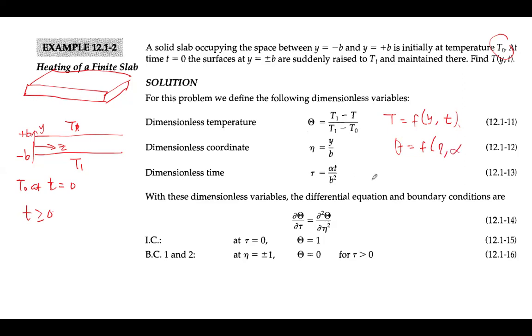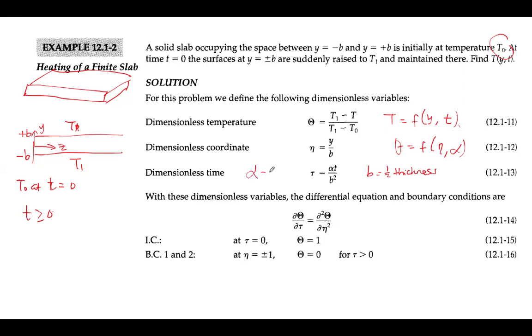Tau is defined as alpha multiplied by the time divided by b squared. What is b? B is this one. It's the half thickness here. And then alpha, do you remember what is alpha?